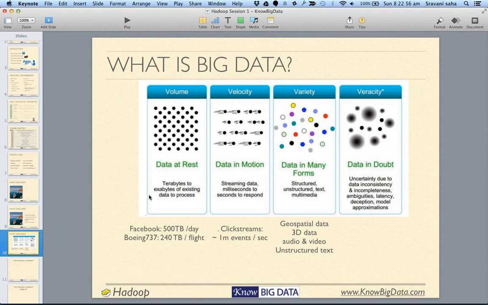Because of incompleteness, ambiguities, latencies, model approximations, your data might be useless or maybe useful, but you don't know yet, and hence you have to handle the data till the point you reach a conclusion that this data is a complete waste of time, we can throw it away. Till that point of time you need to handle it. Because of this you might end up having a lot of data lying around, and hence a big data problem.